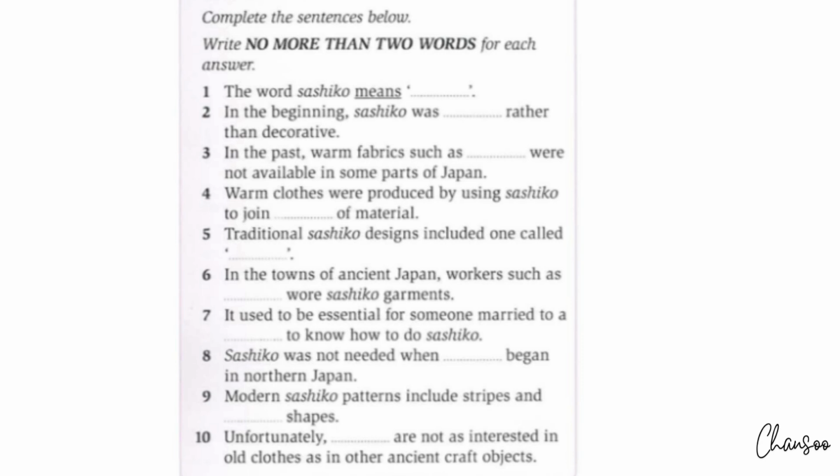This is a pity, because they say a great deal about how people once lived and about their technical skill. And it's no coincidence that sashiko has now become a pastime on an international level.